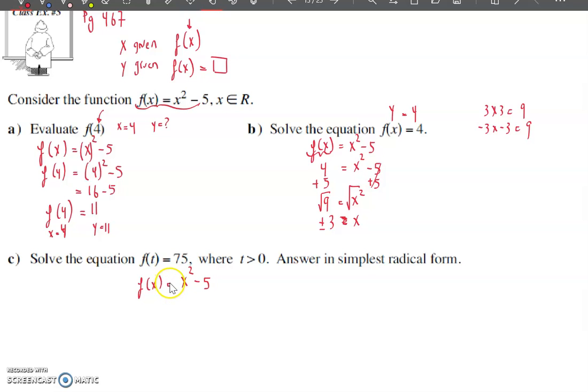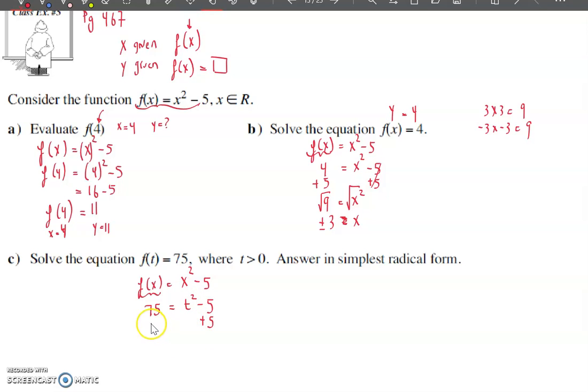And they're just choosing to use the t variable for x, and they're saying that it will equal to 75. So the same thing, this represents your y, but instead of x, they're calling it a t. Even if that doesn't make sense, leave it as an x and just solve for x, okay?